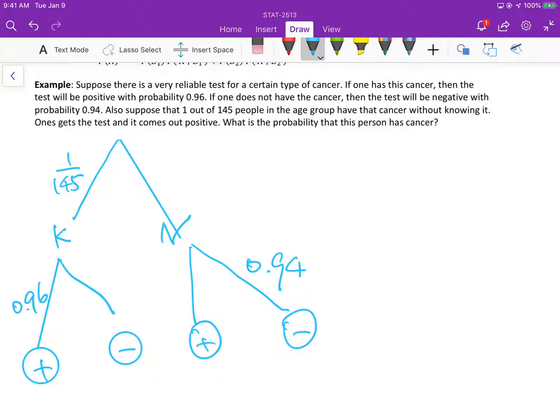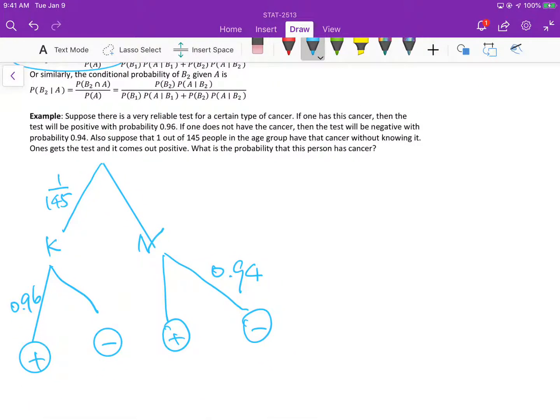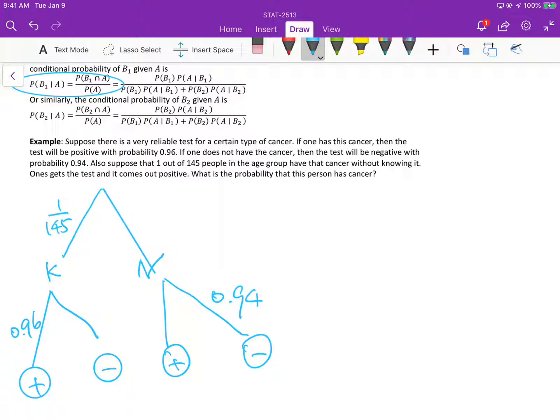So if we compare with the formula, basically the question is: one gets the test and it comes out to be positive. What is the probability that this person has cancer? So we will have B1, B2, right? B1 is cancer, and B2 means no cancer.